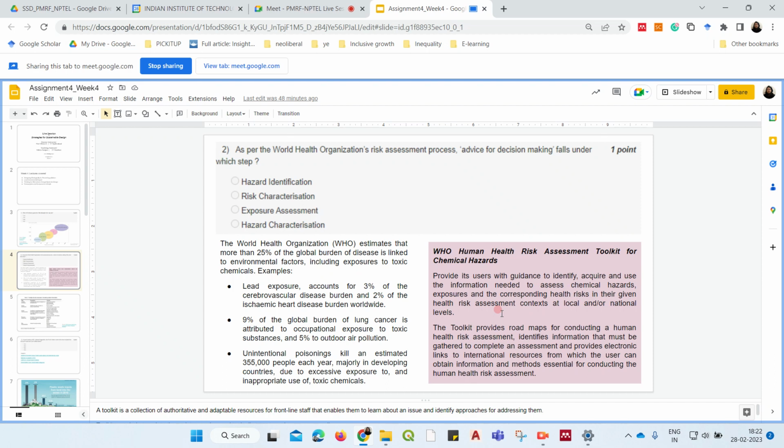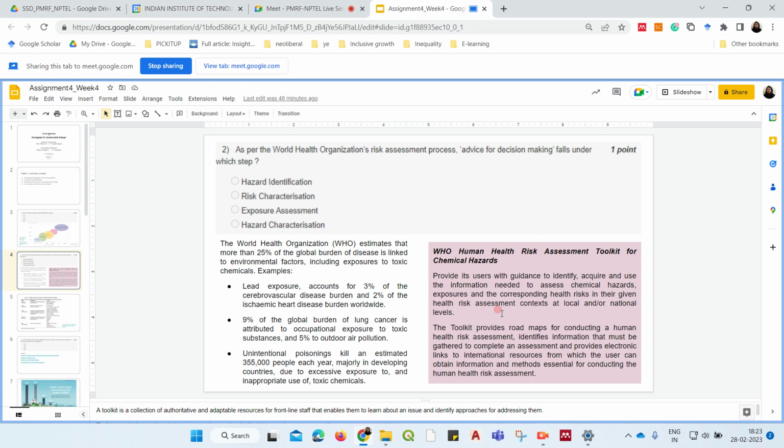So this toolkit provides roadmaps for conducting human health risk assessments, and identifies information that must be gathered to complete the assessment, and provides electronic links to international resources that can be used to obtain information and methods which are essential for conducting the health risk assessment.